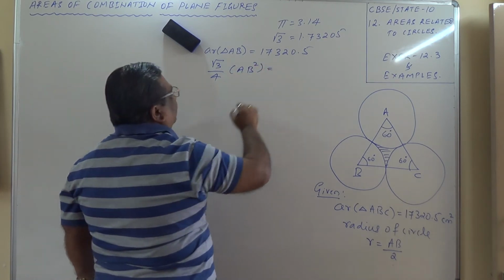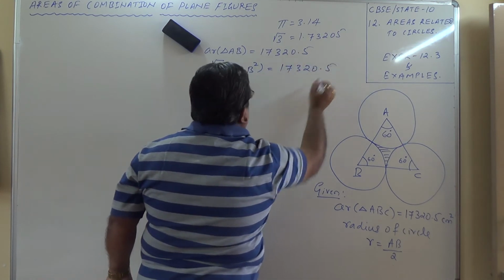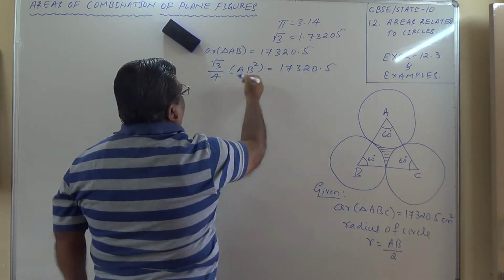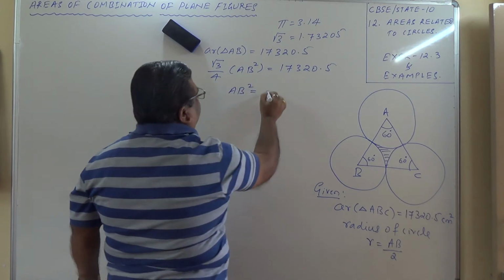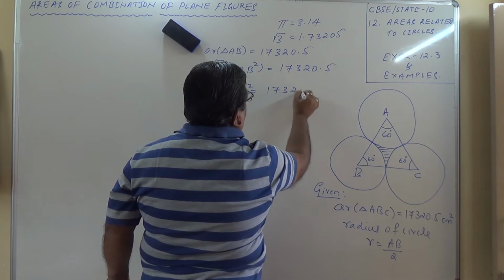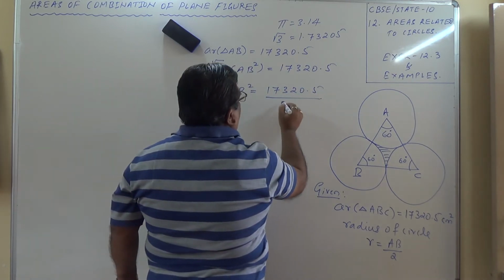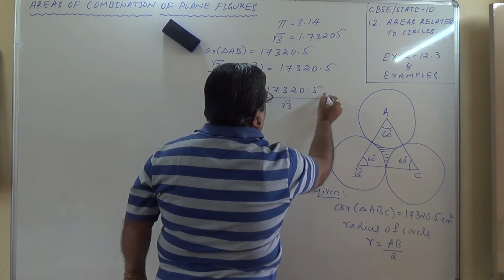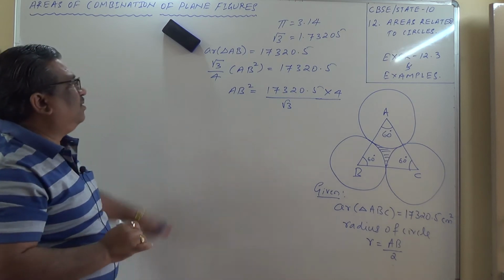Root 3 by 4 times AB square is equal to 17320.5. So we have to find out AB square equals 17320.5 divided by root 3 and into 4. Correct? AB square is equal to that one.